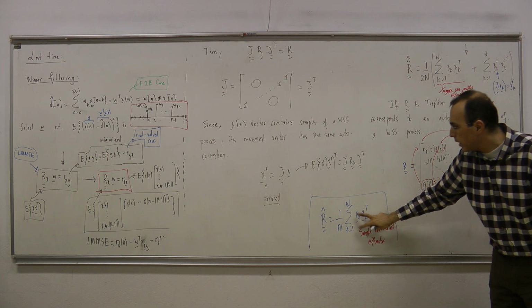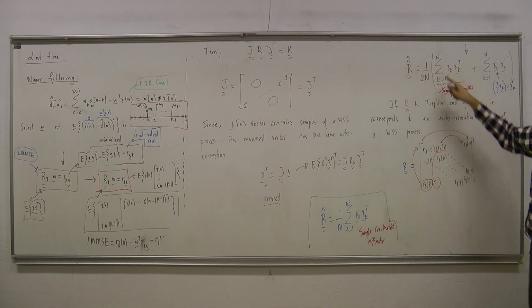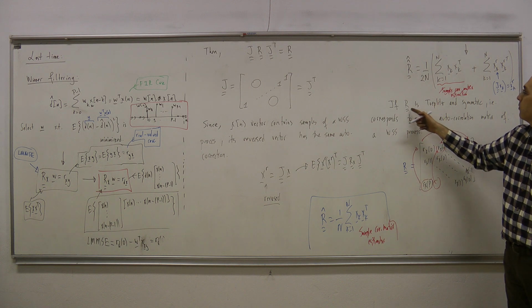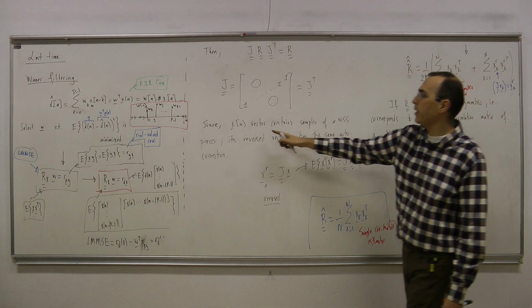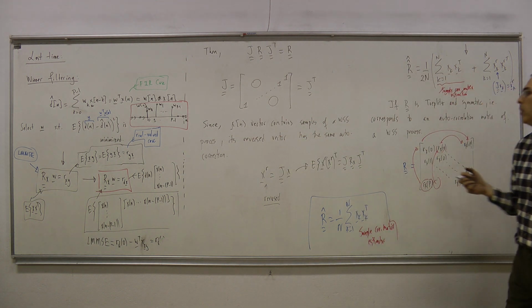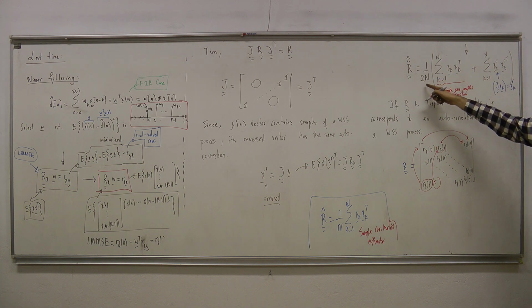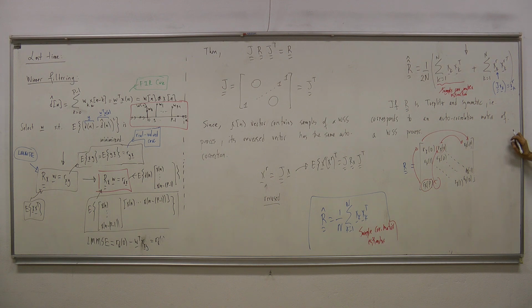If you have, let's say, n vectors like that, you can double your data set by including the flipped version of those vectors, because if the x vector contains samples of a wide-sense stationary process, the flipped vector also has the same autocorrelation matrix. So why not flip them and use 2n vectors in this averaging? Indeed this can be very useful because you are doubling the number of vectors that you have. This can be very important in many applications.